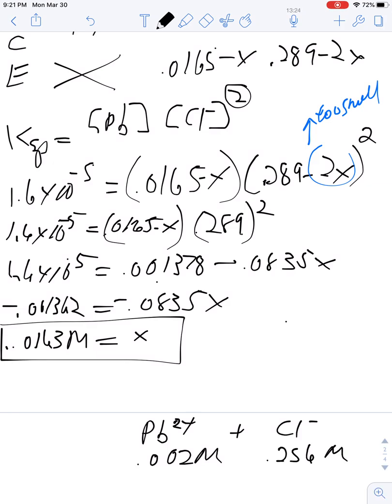Okay. And so that's how you solve a common ion effect problem.